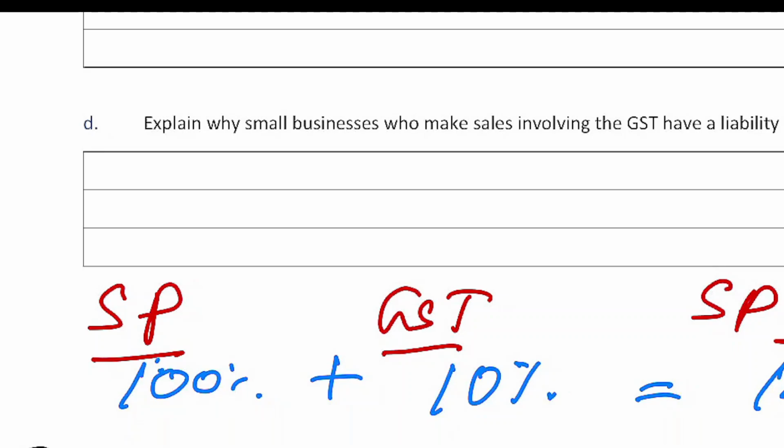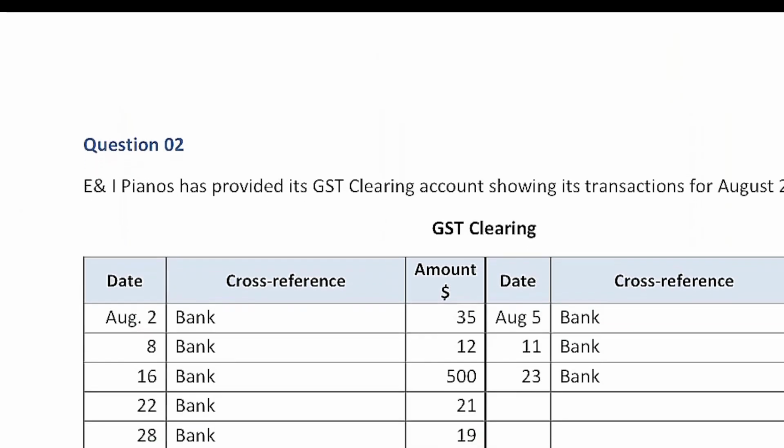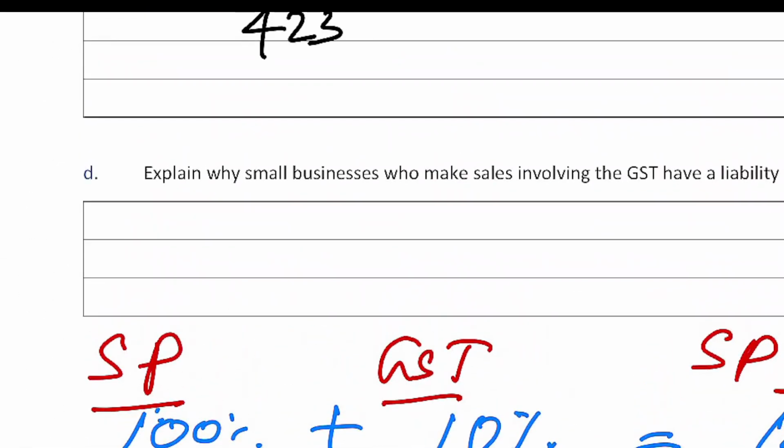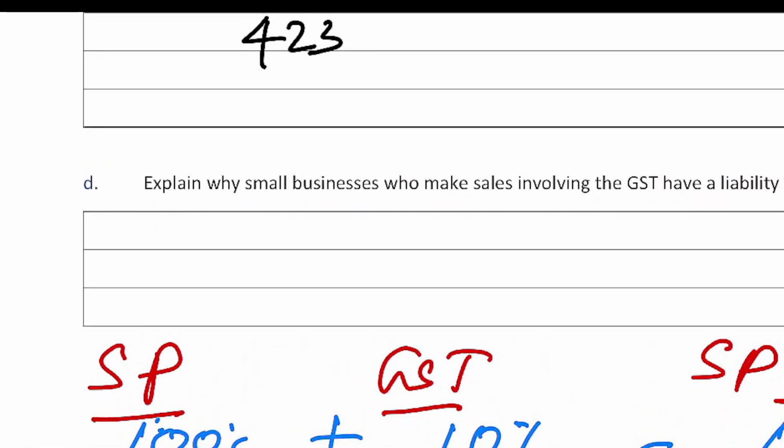Why would these small businesses have a GST liability? Why is that? Anybody knows the answer? Because they are making more sales than what they spend. Makes sense?